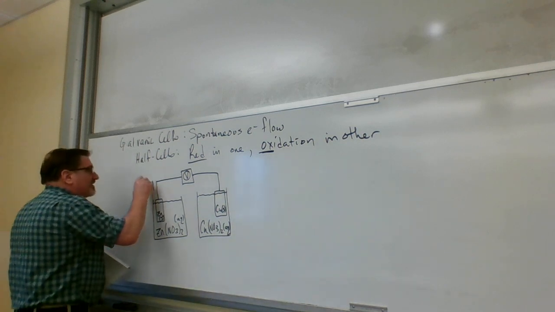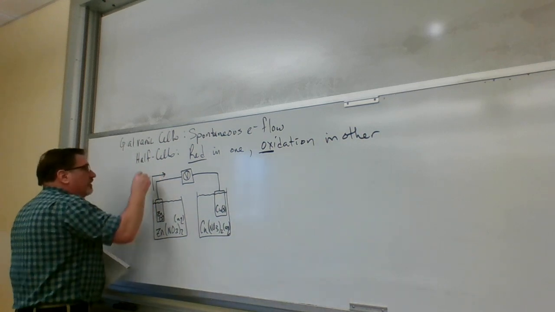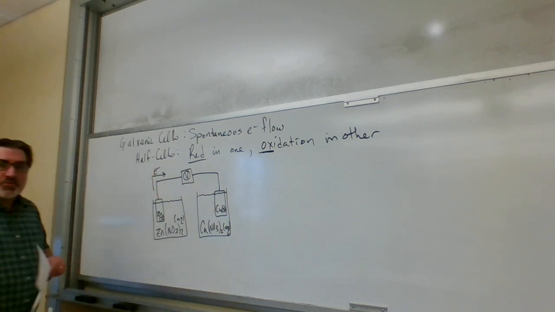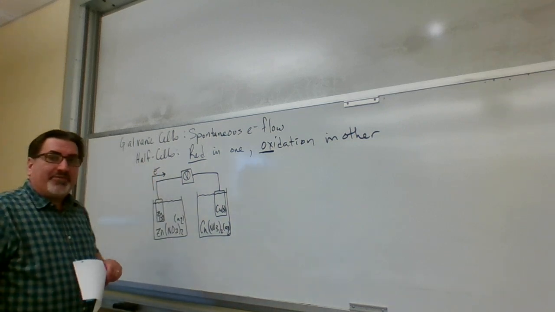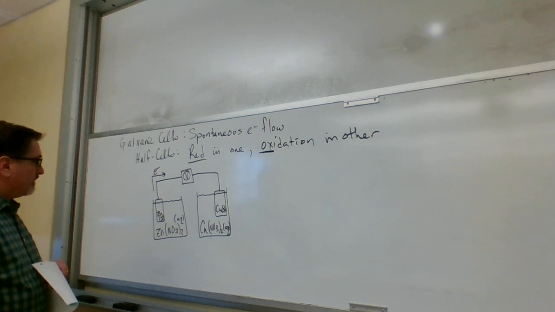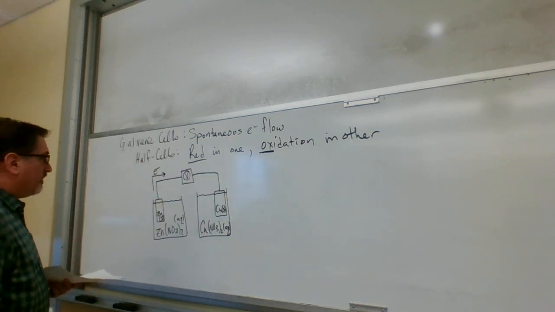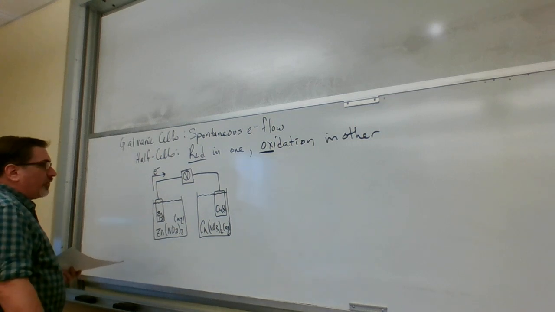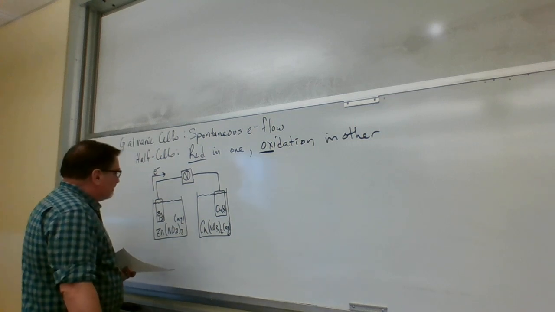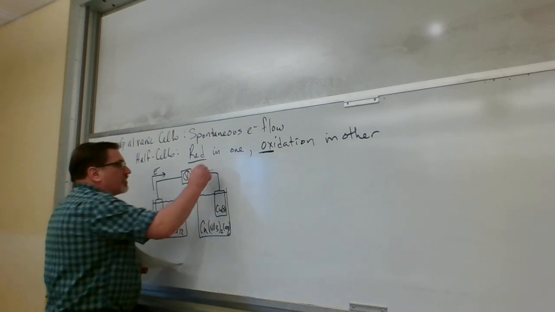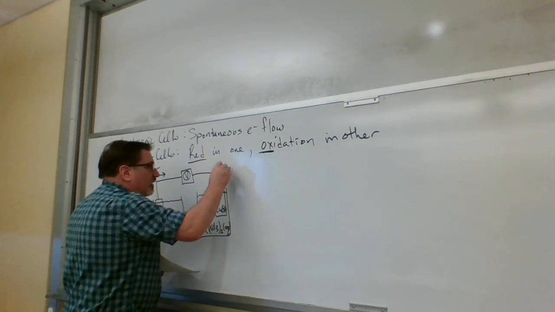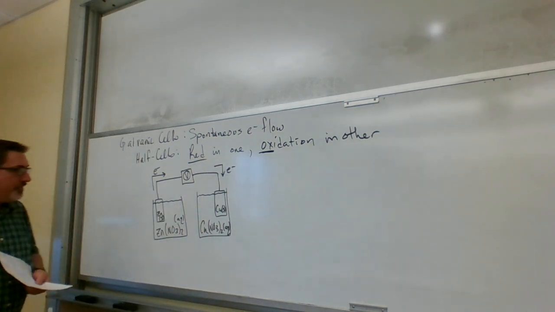A lot of times on these diagrams, you'll see an arrow showing the direction where electrons are flowing, from left to right. So electrons are being pulled out of the zinc electrode and up through the voltmeter to the copper electrode. So we can also put the electron direction over there.